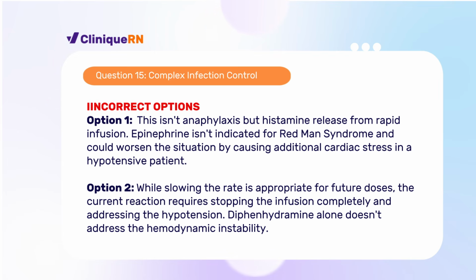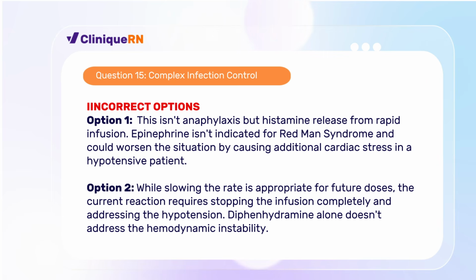Why are other options incorrect? Option 1. This isn't anaphylaxis, but histamine release from rapid infusion. Epinephrine isn't indicated for red man syndrome and could worsen the situation by causing additional cardiac stress in a hypotensive patient. Option 2.